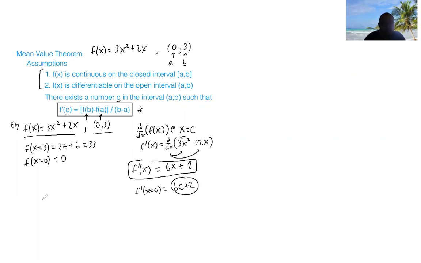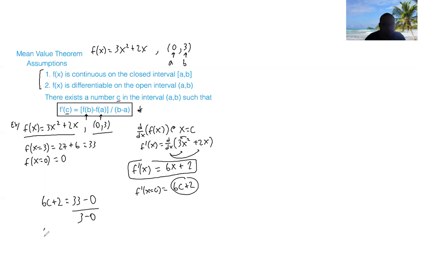So f prime c, we said is 6c plus 2 is equal to the function evaluated at b, 3. That's going to be 33, minus the function evaluated at a, which is just 0, divided by b minus a, 3 minus 0.